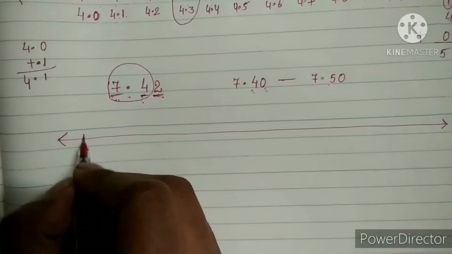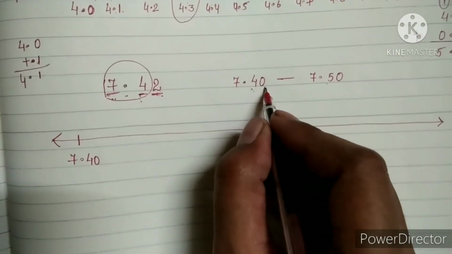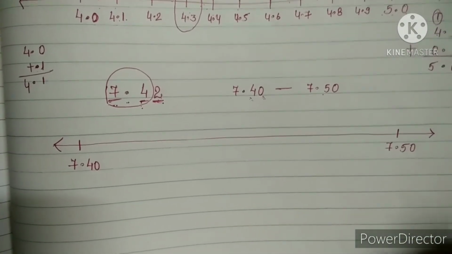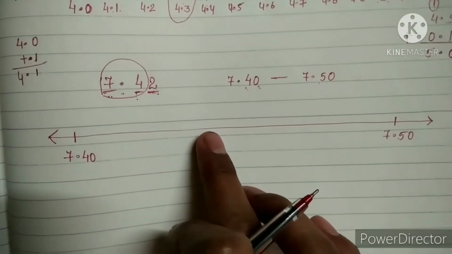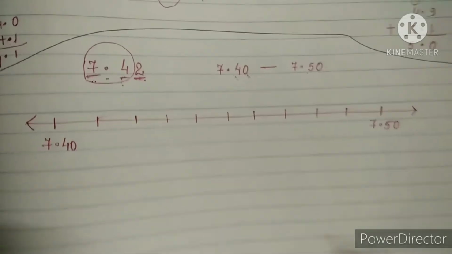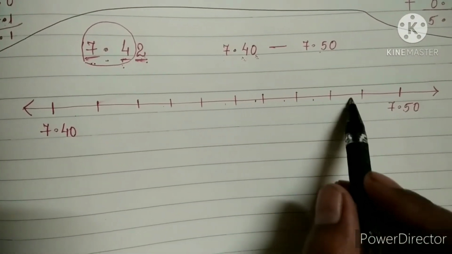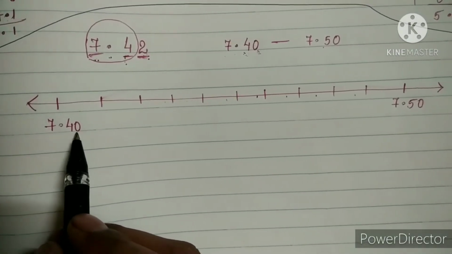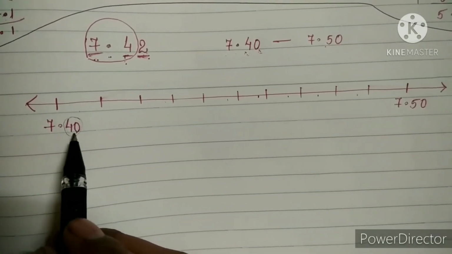So firstly I am locating 7.40 here, and 7.50 here. Now we will divide these two into 10 equal gaps, 1 2 3 4 5 6 7 8 9 10 equal gaps. Now here we have 7.40, so this 40 will act as the starting point for counting.